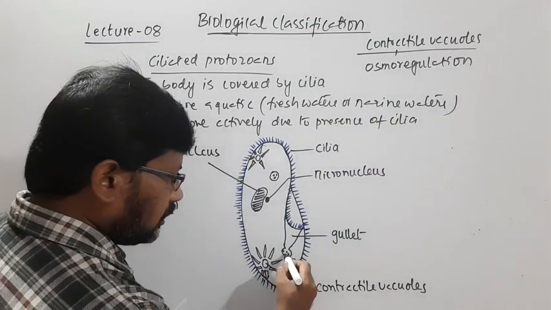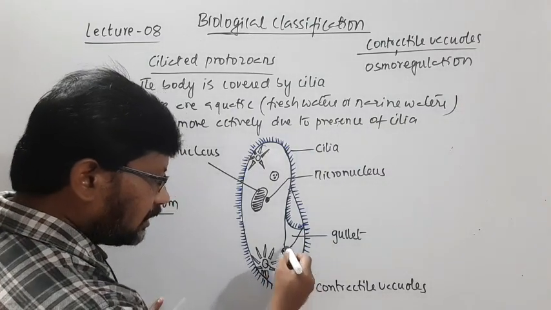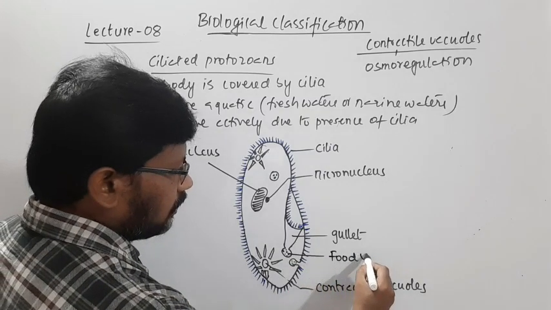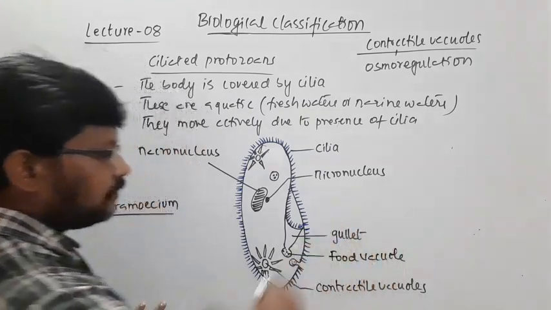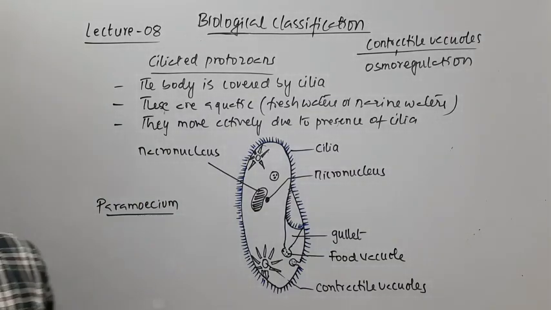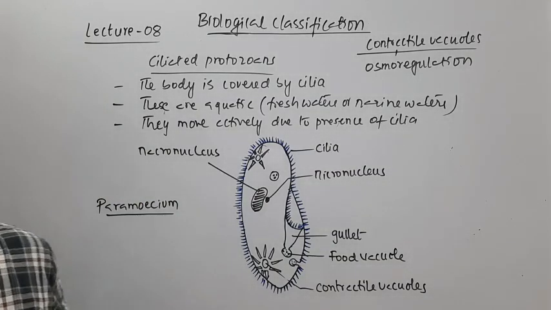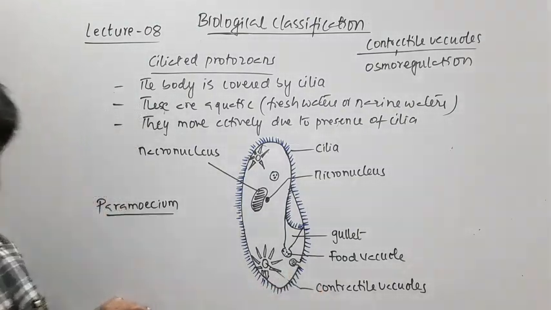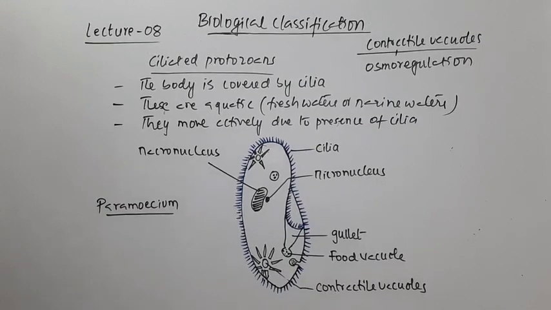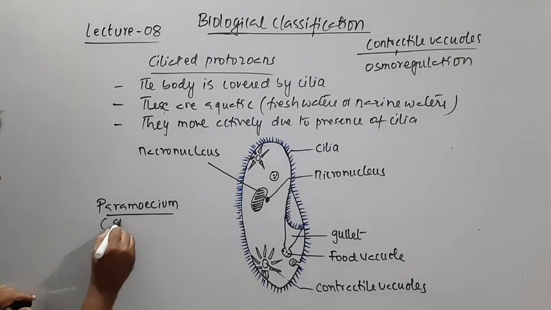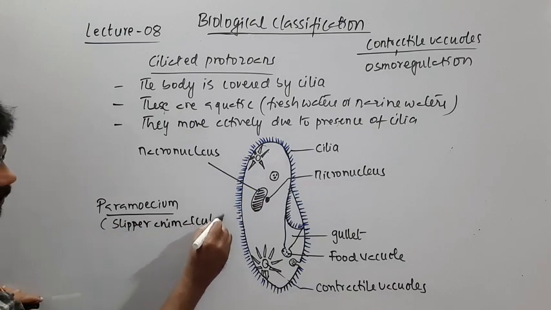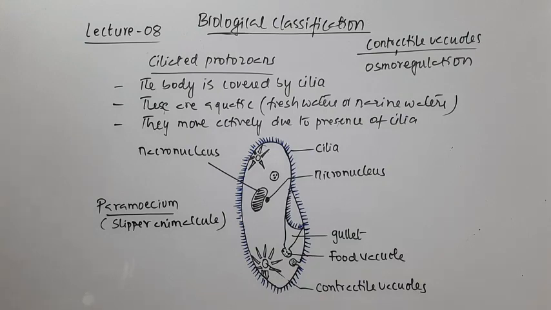Inside this food vacuole the process of digestion takes place and then later absorption, and once that is finished the undigested matter will be released out. So that's about Paramecium. Paramecium is commonly called slipper animalcule.